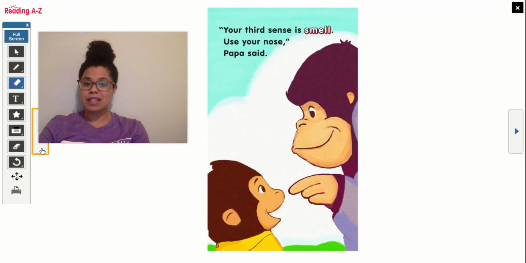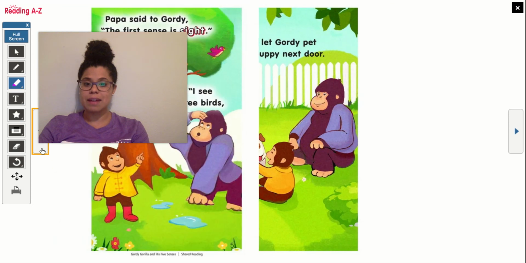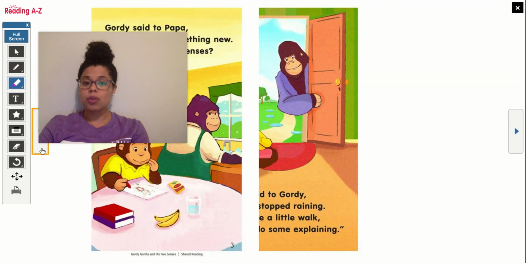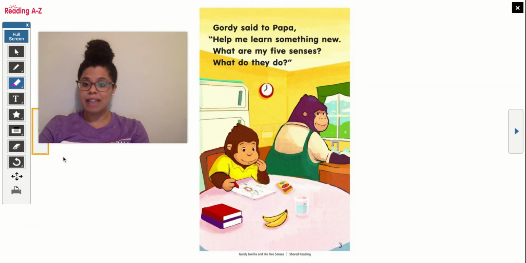So I was thinking about this story and I was thinking about how at the beginning, Gordy and Papa went outside on a walk, and Gordy was able to experience his five senses while he was on his walk. It reminded me of the walk I took today after work. I went outside and I used my sense of sight to look at all the different houses.